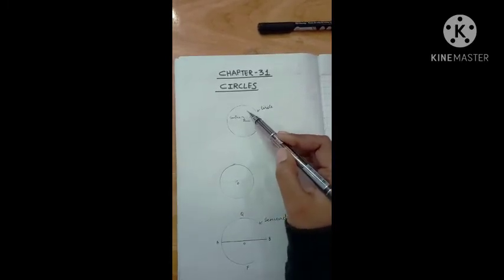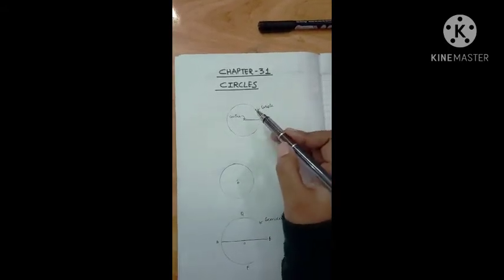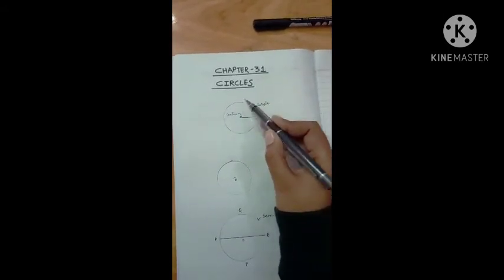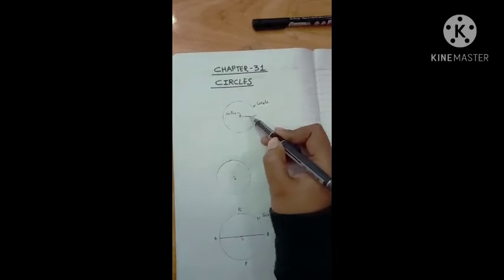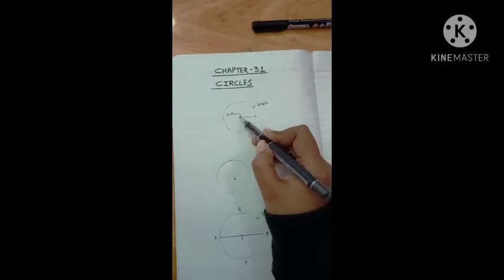So a circle is a simple closed curve all of whose points are at a constant distance. This is the constant distance from the center of the circle.